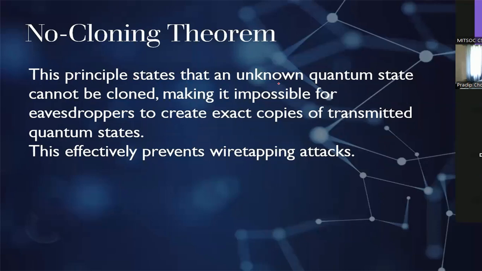This principle states that an unknown quantum state cannot be cloned, making it impossible for eavesdroppers to create exact copies of transmitted quantum states. So this will prevent the eavesdroppers from attacking or tampering your data, right? So this effectively prevents wiretapping attacks.